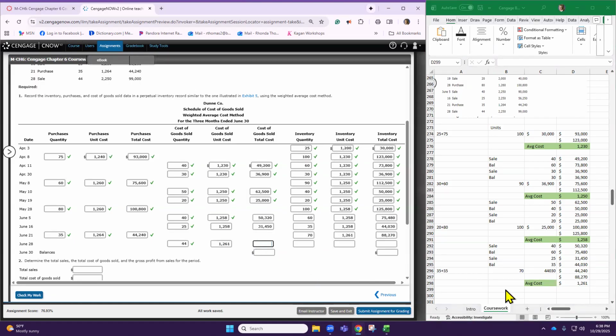We're going to sell it at that average cost of $1,261. So we've come up with 4 different average costs here, and we're selling.